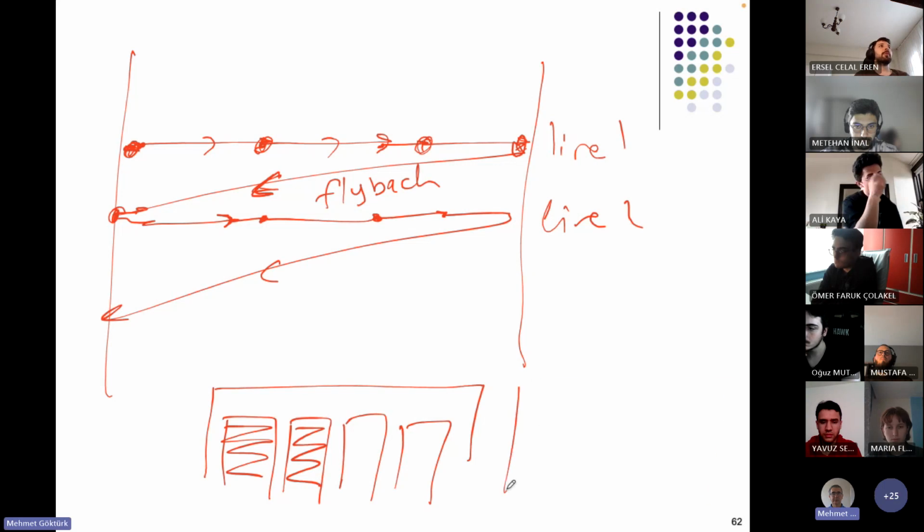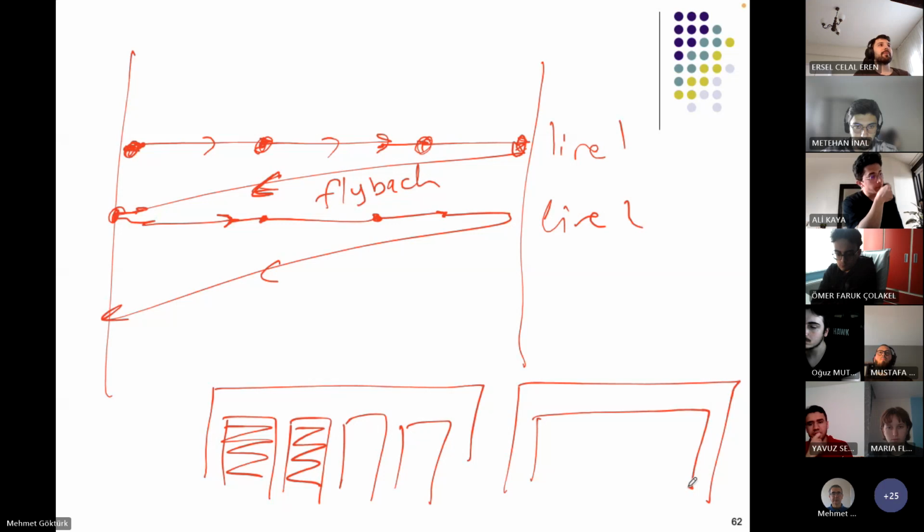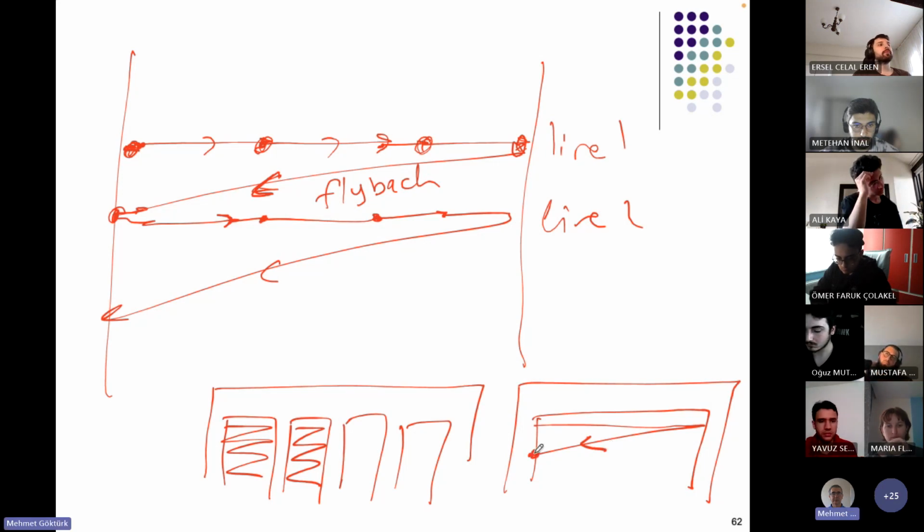If you want to read a long text, when you fly back, it becomes very difficult to go to the correct place in one flyback. Therefore, you either fail and start with the incorrect line, or you spend more time to adjust your eye to the correct line, which is the line after the previous line. Therefore, this is much better.